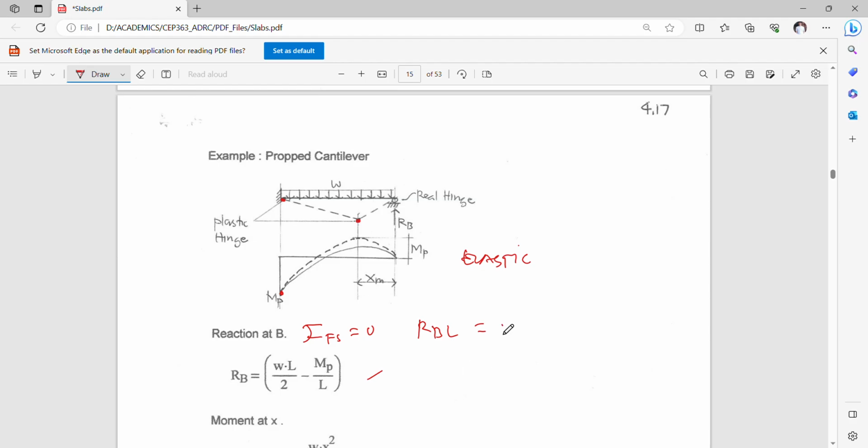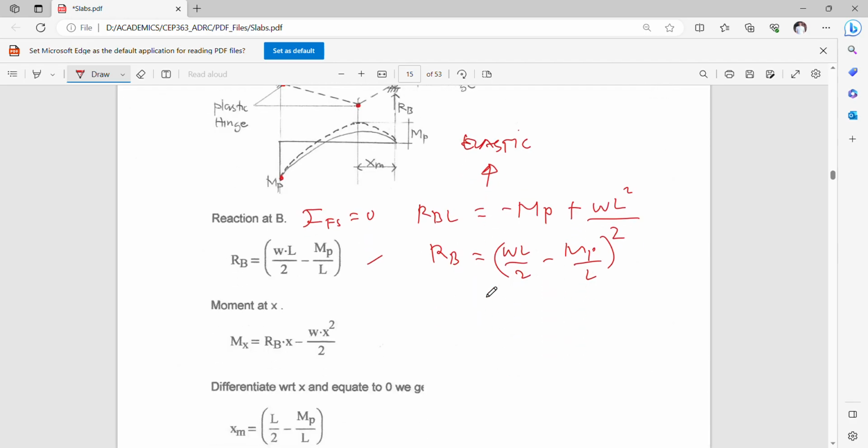Okay, so it's negative Mp. So RB L equals negative Mp, and this is a clockwise moment, so this will be plus WL squared over 2. Okay, so if I solve for RB now, I will simply have WL over 2 minus Mp over L. Okay, so this is based on, of course, elastic theory.